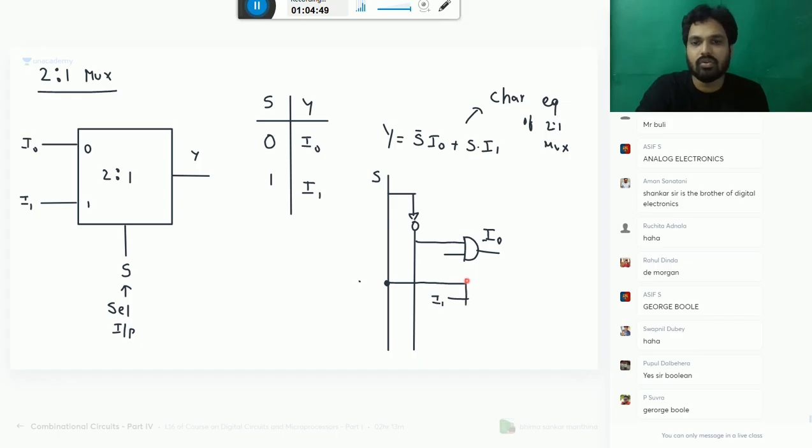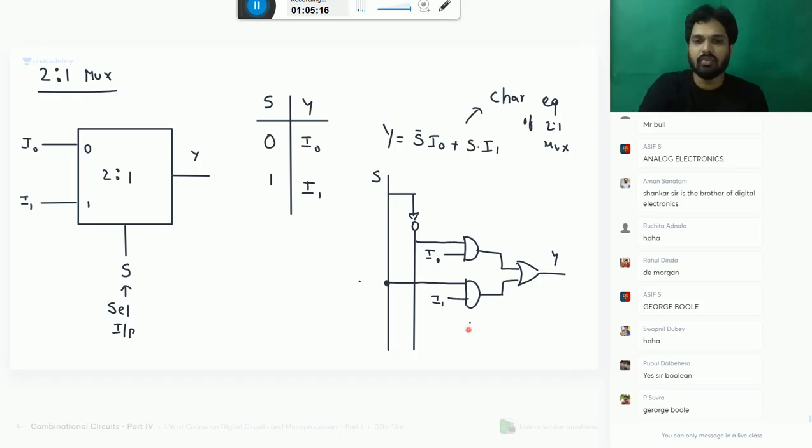This is the circuit which can do that job. This is I0 and this is I1, and give it to an OR gate. Same equation, S bar into I0 plus S into I1. That will give you your Y.